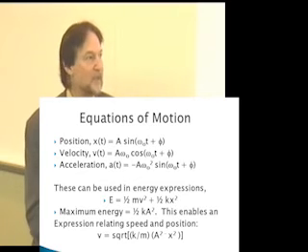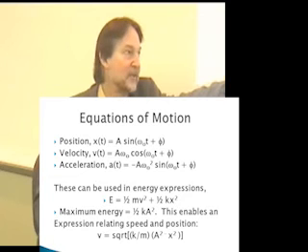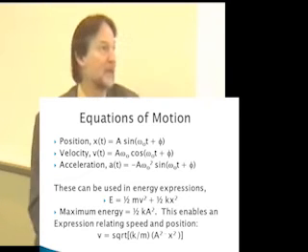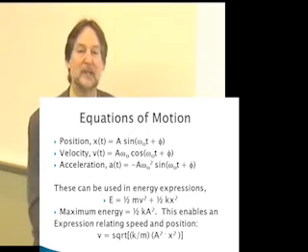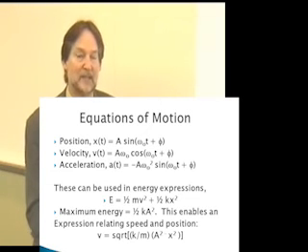Otherwise, if you plug in t equals 0 into this equation, notice that you'd have the sine of phi, and if we want x to read A, in other words, if we pull the mass down, then we displace it by its maximum amplitude A, and we want x to read A when t equals 0, then we would want the sine of phi to be equal to 1, because x at 0 equals A sine phi.